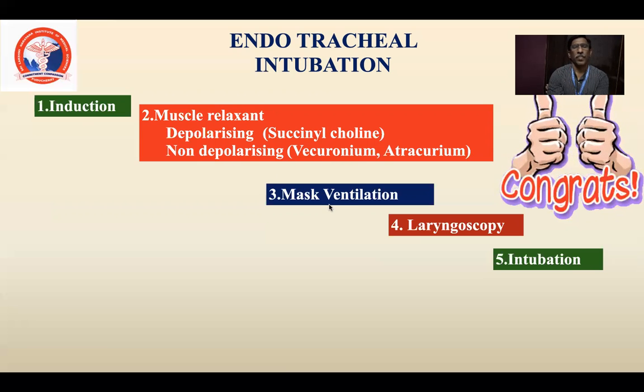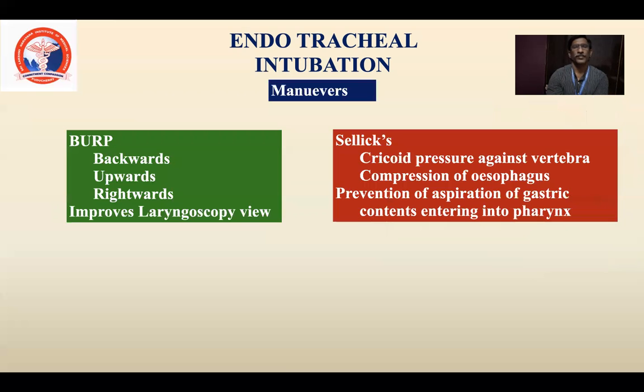Then mask ventilate, then do your laryngoscopy and pass the endotracheal tube. If you are able to pass the endotracheal tube, the mission is successful. And there are 2 maneuvers to help the intubation.